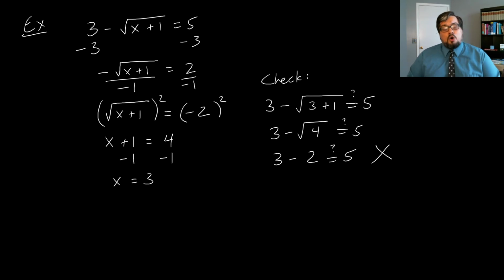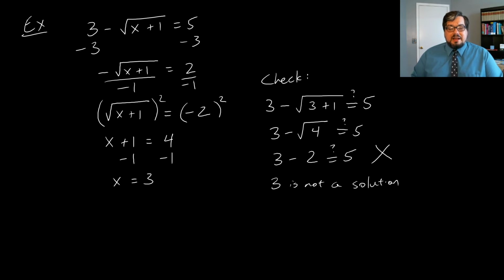So the only solution we found, the only possible solution, I should say, that we found to this problem was 3. If anything was a solution to this problem, 3 would be. But 3's not. 3 is not a solution, which means that the equation 3 minus the square root of x plus 1 equals 5 has no solutions.